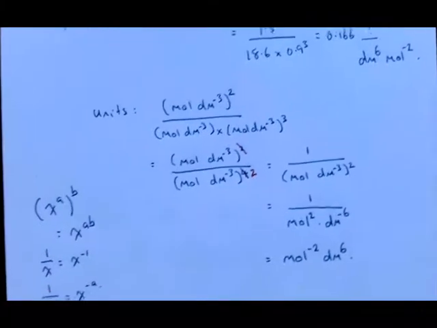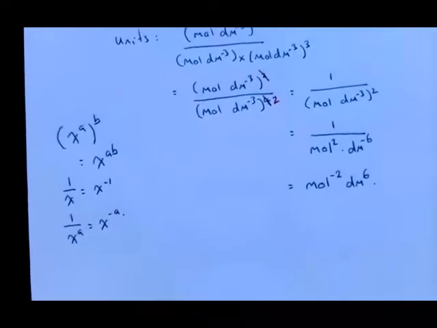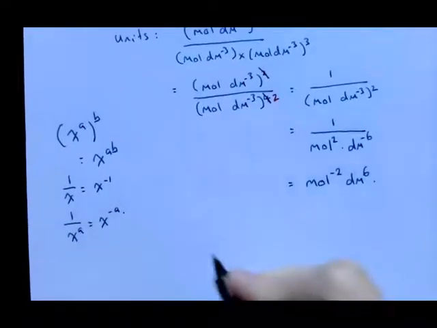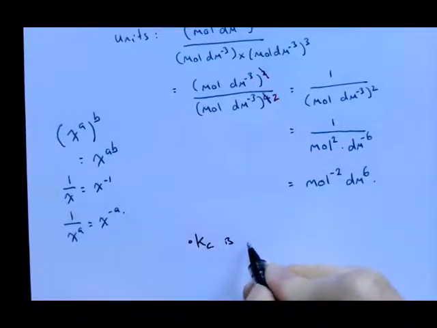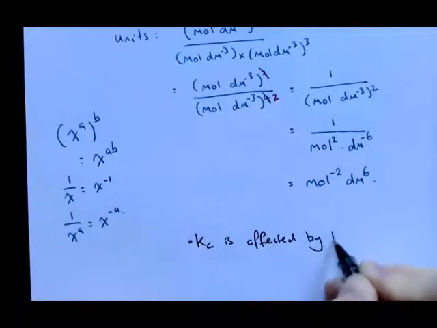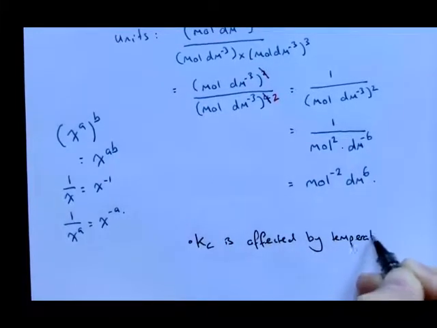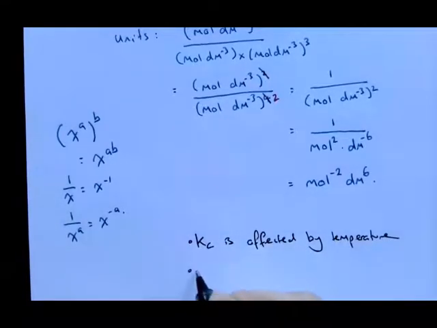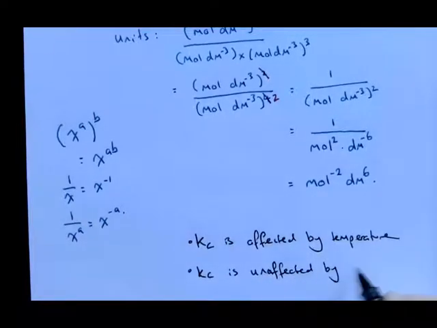Now, there are two things that we need to talk about, which are that the value of Kc is affected by temperature, which we'll talk about more in the next topic. And also, Kc is unaffected by changes in concentration.